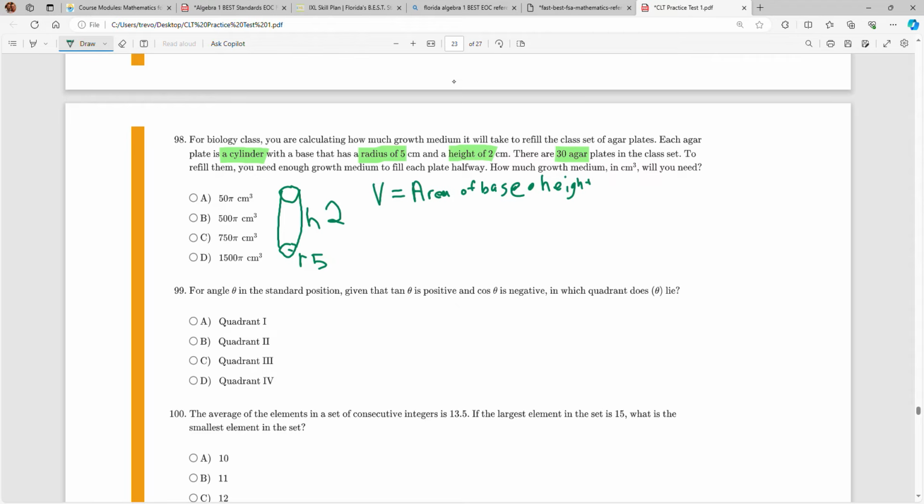So the area of my circle, they give us the formula for that on the reference sheet. The area of a circle is pi r squared, and then to find the volume times the height.